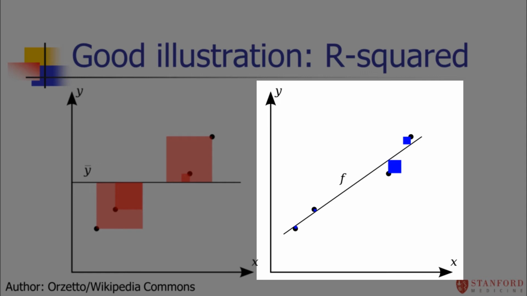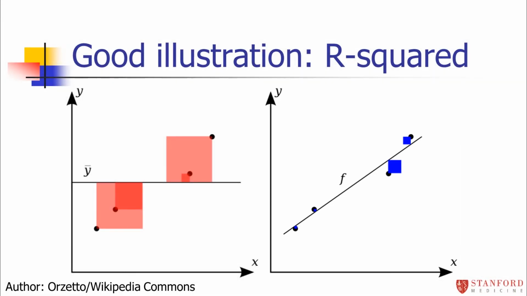You can see that most of the variability, which is represented by the red boxes, goes away once you know a person's political bent. There's very little unexplained variability left over, which is what's represented by the blue boxes. So this would have a very big R squared. Most of the variability in feelings about Obama is explained by political bent. That's the idea of the R squared, and I think it's just nicely pictured there.